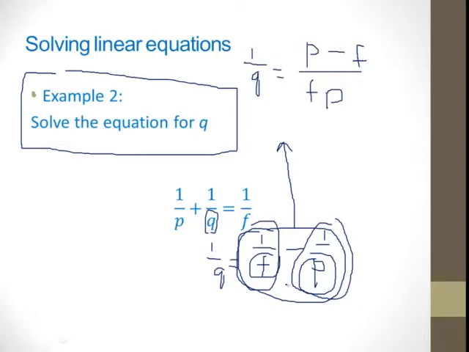So now let's take a look at what happened. I have the inverse of what I'm looking for expressed as a fraction. That makes it very, very simple for me to do this. Take the inverse of both sides, and I end up with Q, which will have meaning to us.